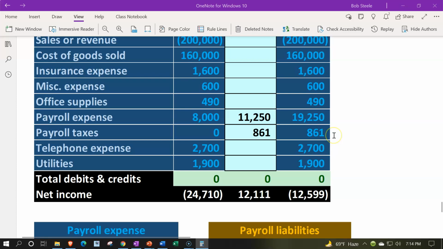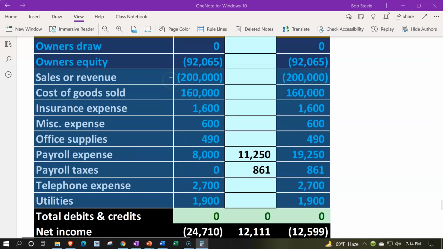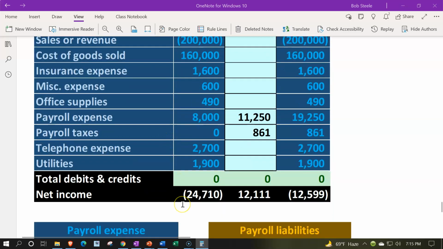These are our taxes that we have to pay not on our net income, but for some reason on the employee's net income, we have to pay taxes on their net income that we paid them of that 861. So that means the net impact on the net income, we had income of the 200,000 minus the expenses comes out to the 24,710 beginning.